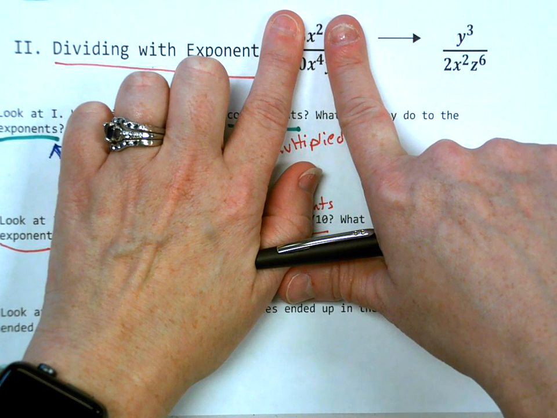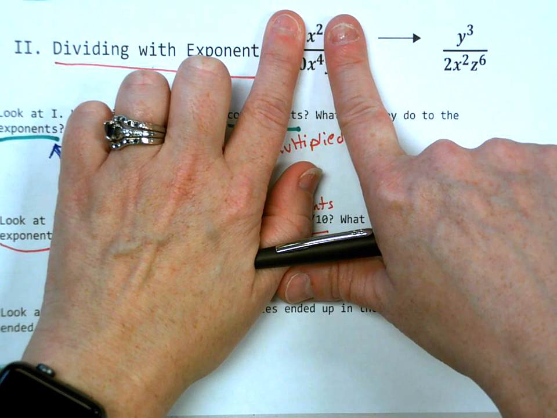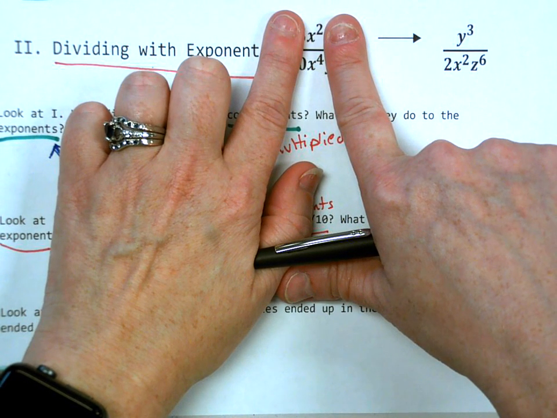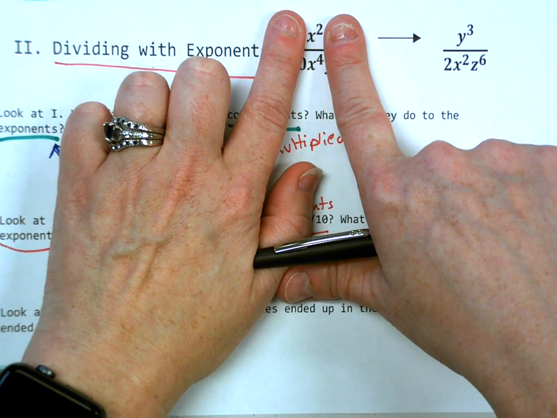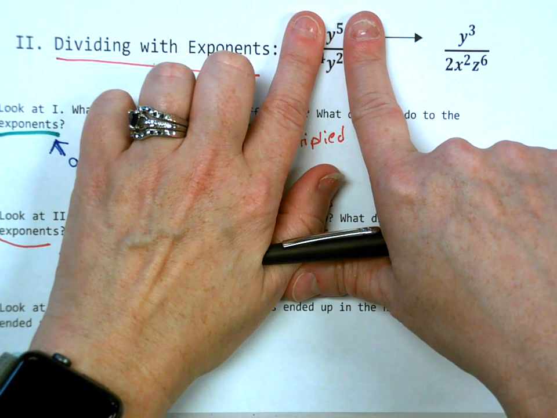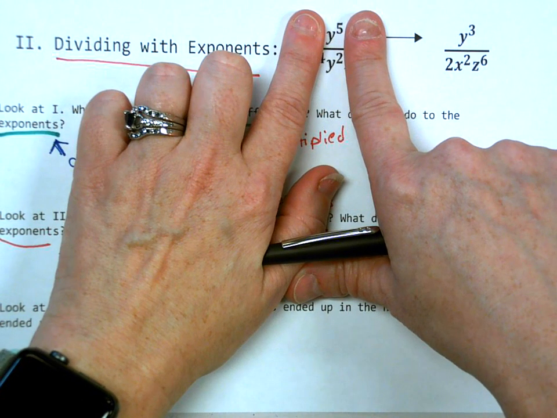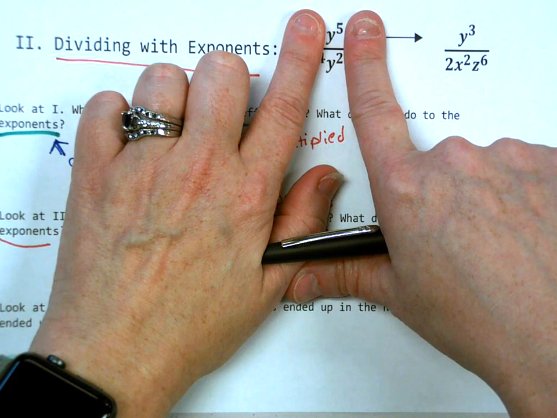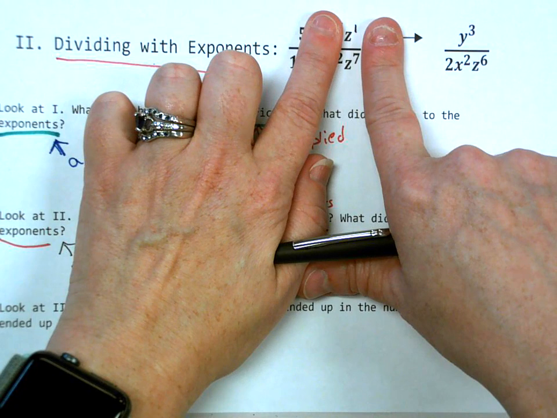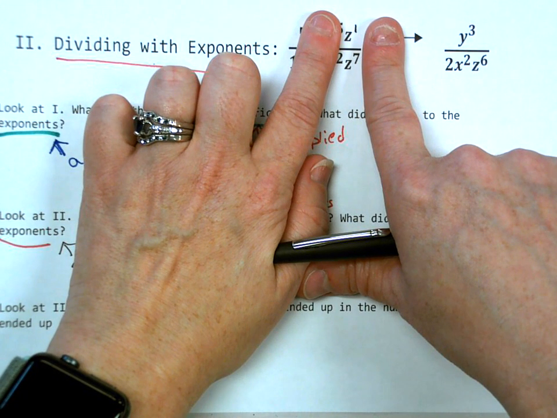Okay, so we've got an x on top and an x on bottom. Got x2 on top and x4 on bottom. Where did my x end up in my final answer? On the bottom. Okay, so I've got y5 on top and y2 on bottom. Where do my y's end up in the final answer? On top. Okay, and then my z's is a 1 and a 7, and where do my z's end up? On bottom.